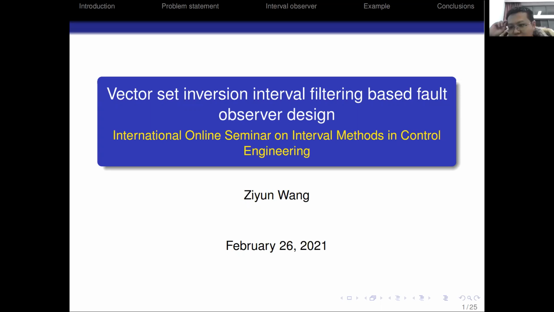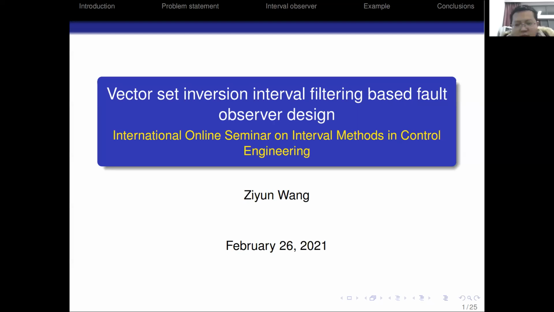Okay, thank you, Andreas. It's also my pleasure to share this talk with the researchers in the set membership filtering field. The title of this talk is Vector Set Inversion Interval Filtering Based Fault Observer Design. Set membership can also be used in state estimation, system identification, and fault diagnosis or fault detection.